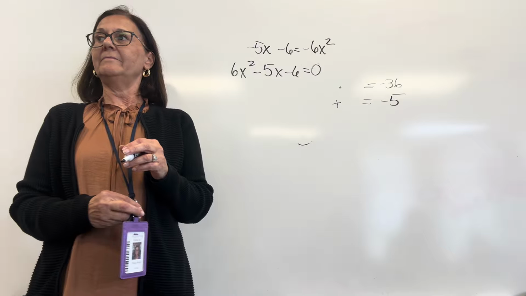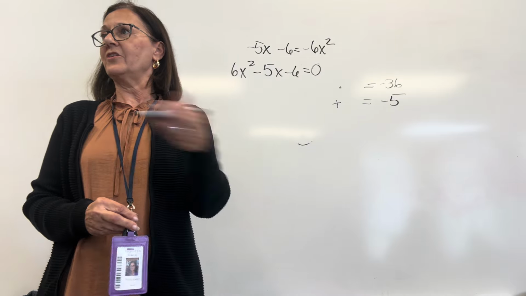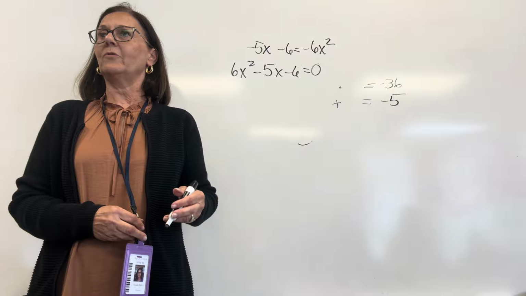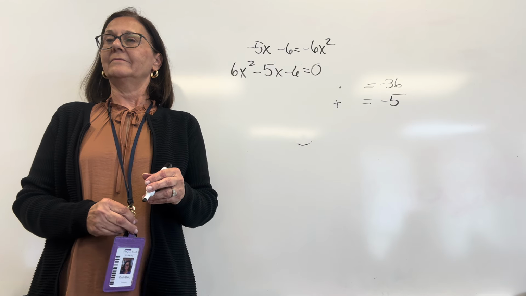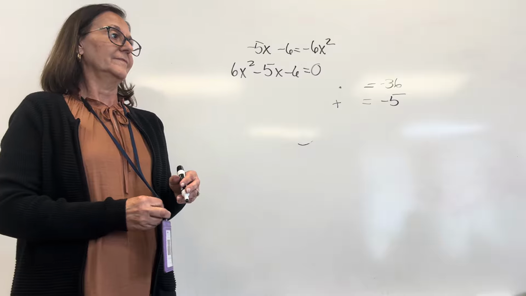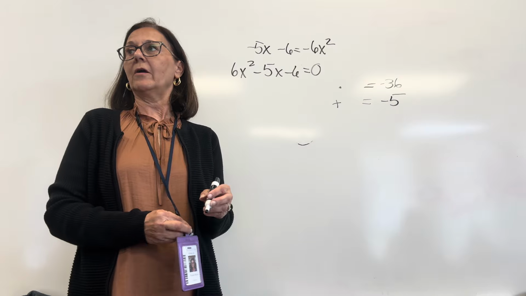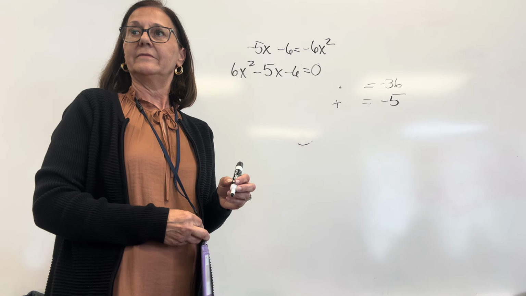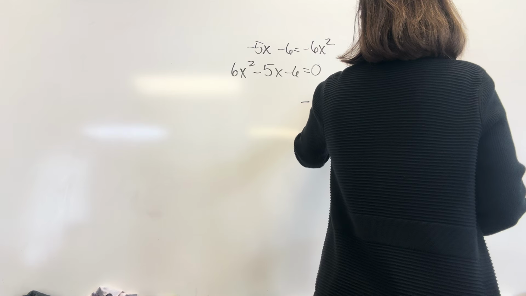Okay, start. 1, 36, 2, 3, 4. Keep going down the line. Does everybody have it? It's 9 and 4. Which one has to be negative? The bigger one. Negative 9, positive 4.